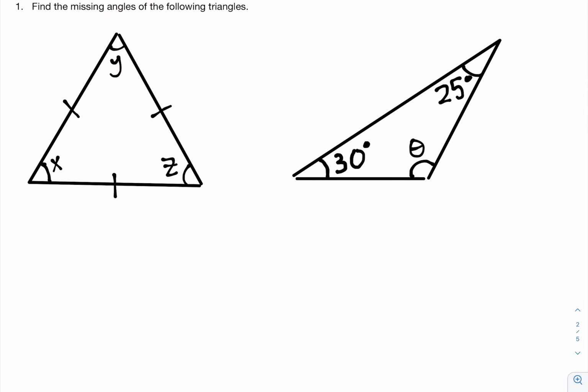Find the missing angles of the two following triangles. See how in the first one, all of these have one line through them? That means that the lengths of the legs are all the same. And remember, this is an equilateral triangle.